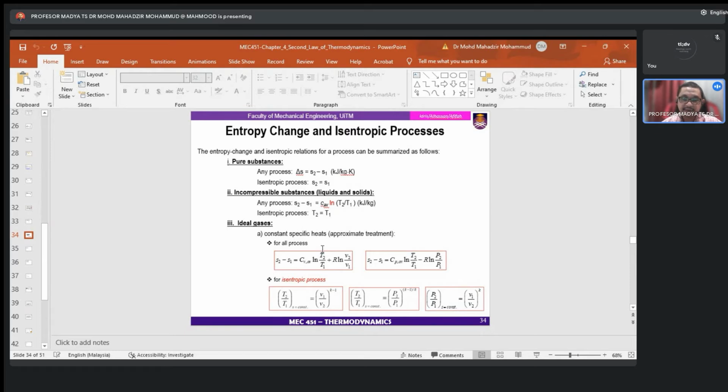So when you want to analyze ideal gases, you can use these formulas to find the changes of the entropy.